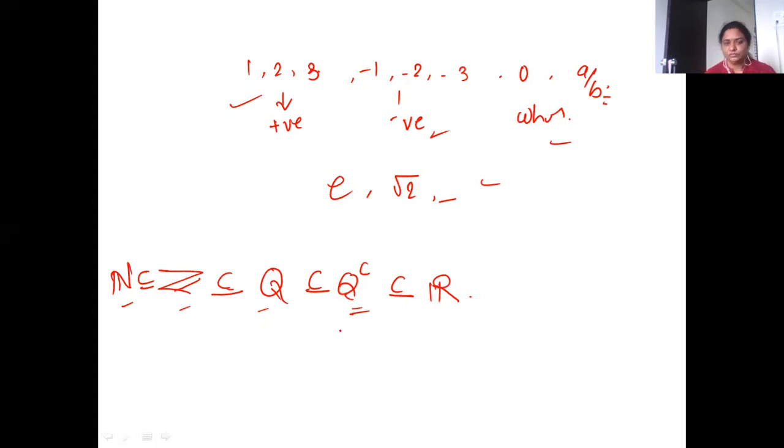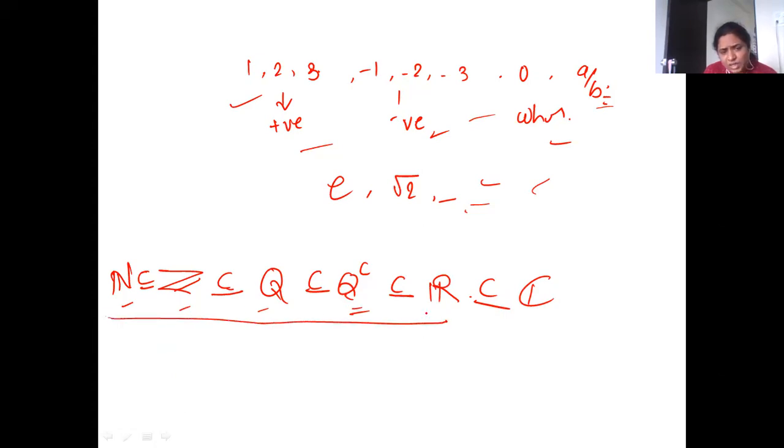So the first type is real numbers. Then what remains? Near about everything comes under real, but what doesn't come in real is complex. What is the biggest set? The set of complex numbers. All the numbers are real numbers except complex.